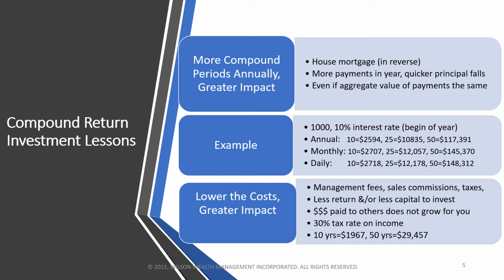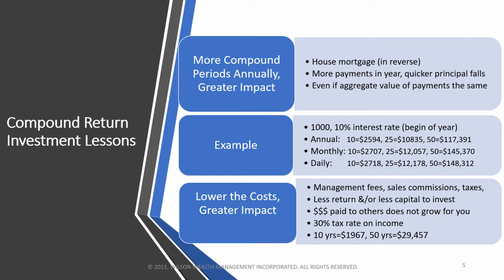Another lesson is that the lower the costs, the greater the impact. Management fees, sales commissions, taxes, transaction costs. Anything that reduces your return or reduces the amount of capital to invest hurts your compound ability. We saw that on the previous slide where we assumed that the management fee on a bond fund was 1.5%.